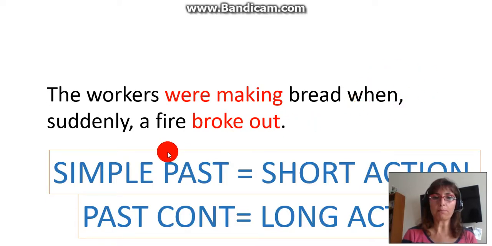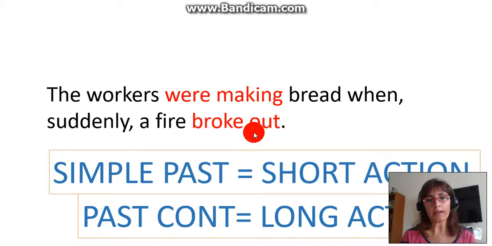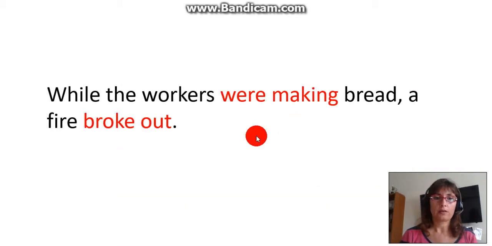When is always before the short action. You can also say when the fire broke out, the workers were making bread. The important thing is that when is before the short action. Instead, while, look at this, while the workers were making bread, a fire broke out. It's the same, but here while goes before the long action. While the workers were making bread, a fire broke out.